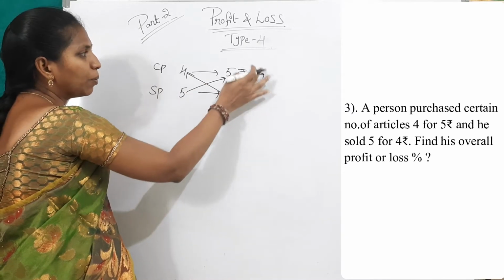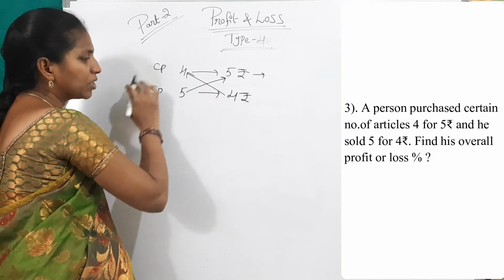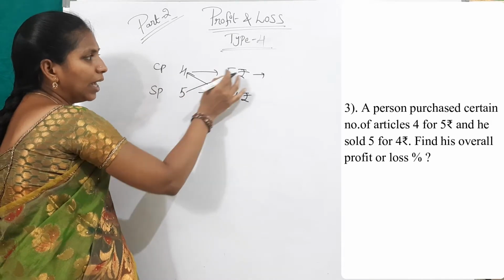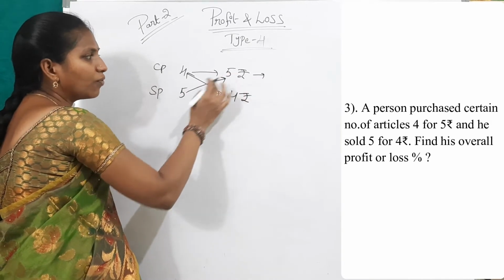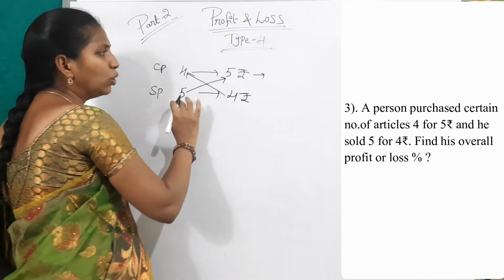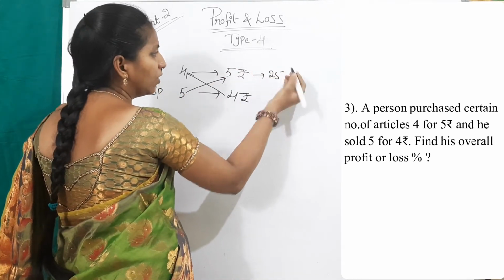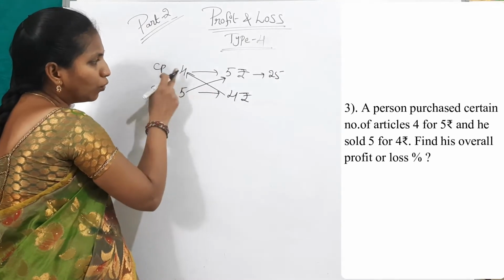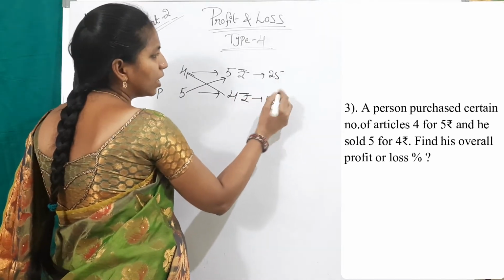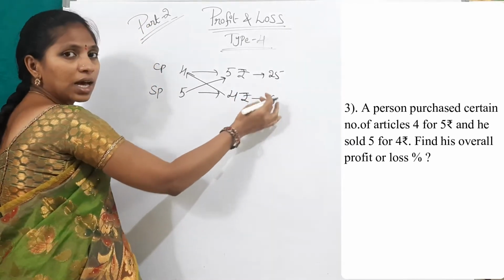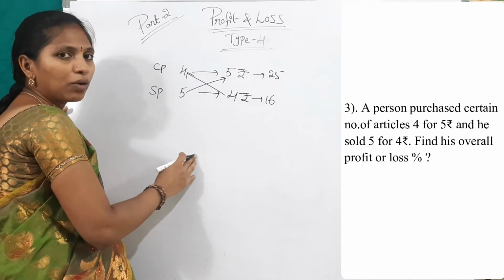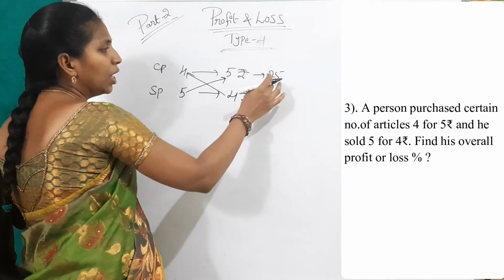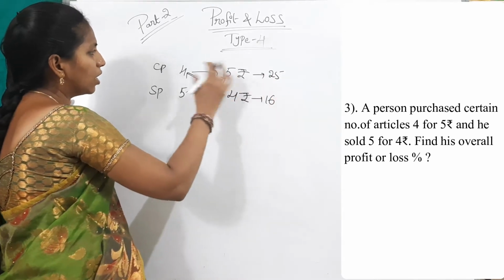Here CP information is this and SP information is this. Now take multiplication of these two values. 5 into 5, what is the result? 25. And 4 into 4, that is 16. This is CP and this is SP. Now find out the profit or loss percentage. 25 and 16.